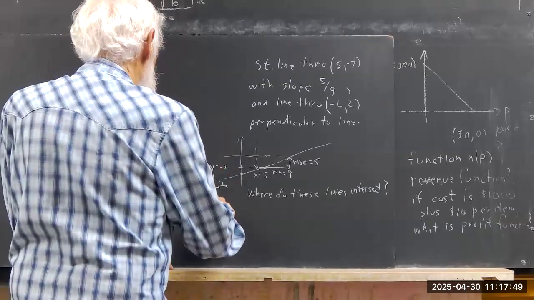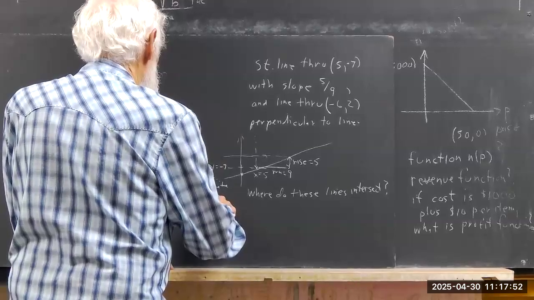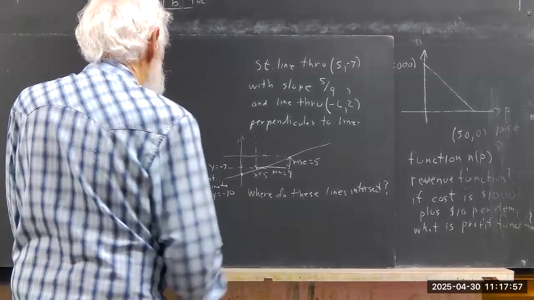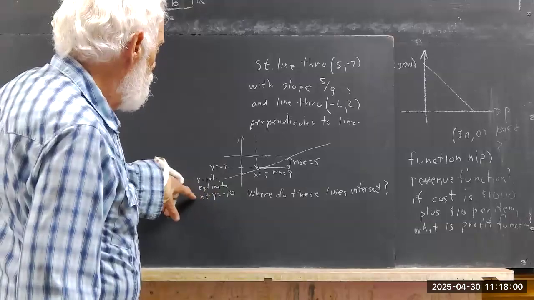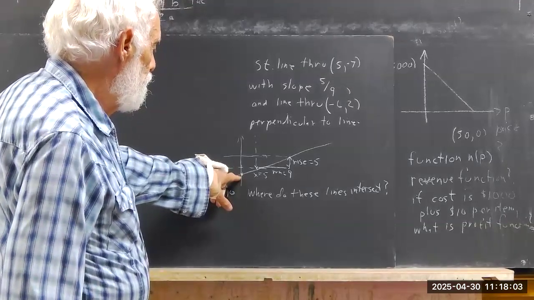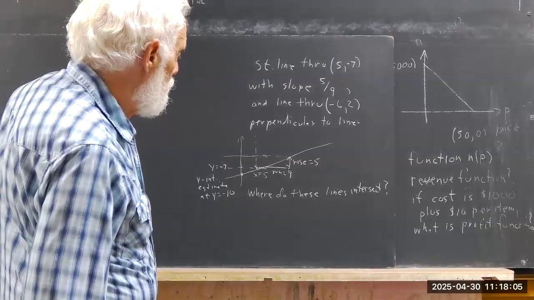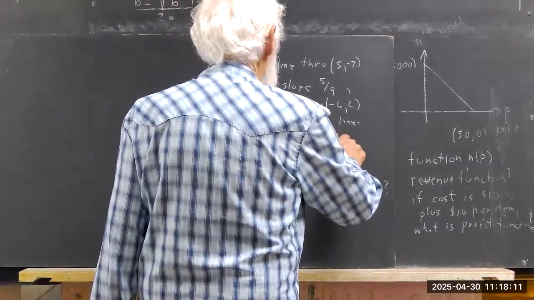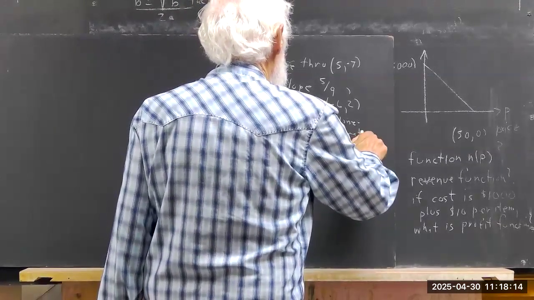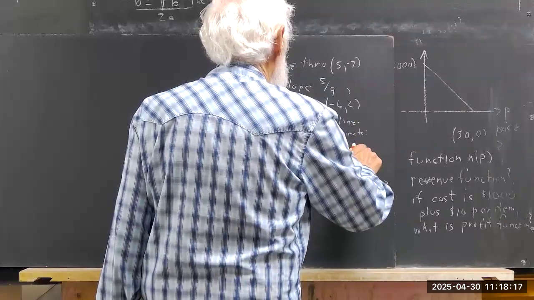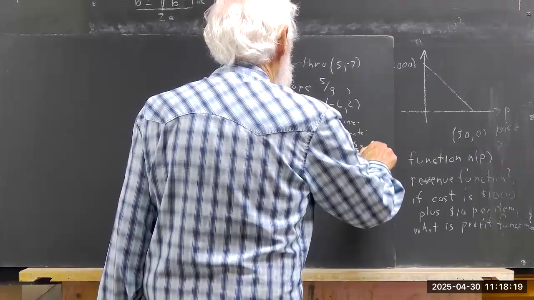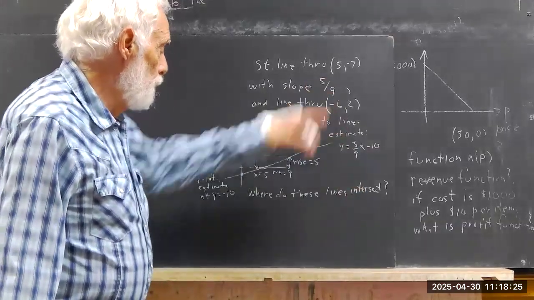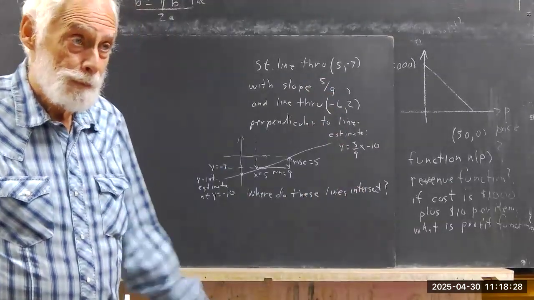If that's 7, that looks like about 10. If the y-intercept is at -10 and the slope is 5/9, use y equals mx plus b. m is your slope, b is your y-intercept, -10, right?